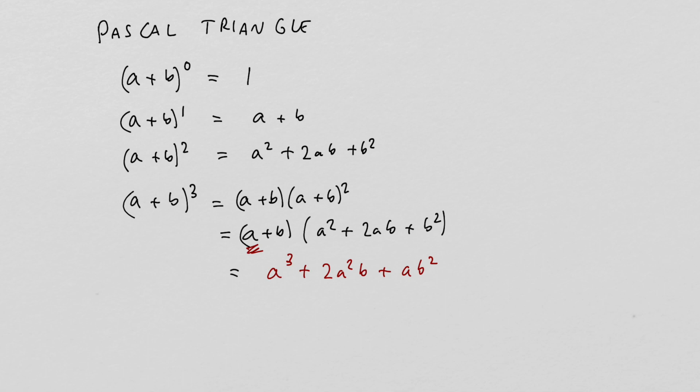On the other hand, if you would take b and multiply all the factors with b, we would get a squared b plus this thing multiplied by b gives 2ab squared, and this thing multiplied by b gives b to power 3.